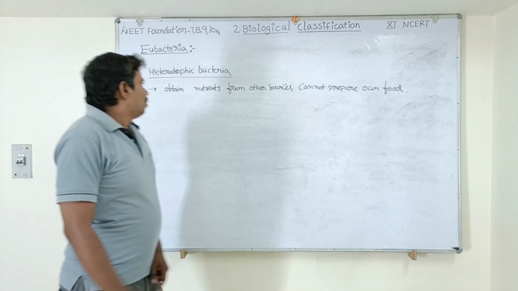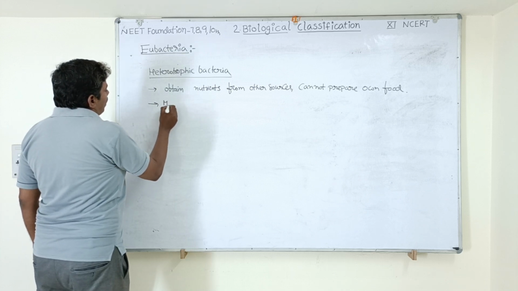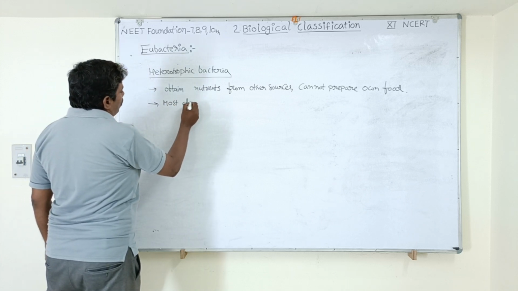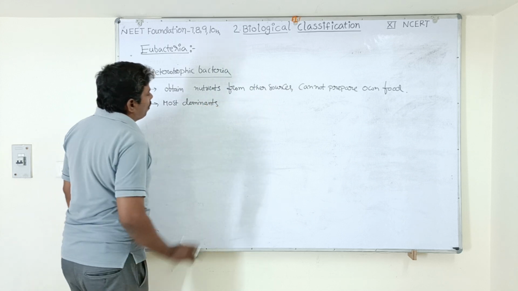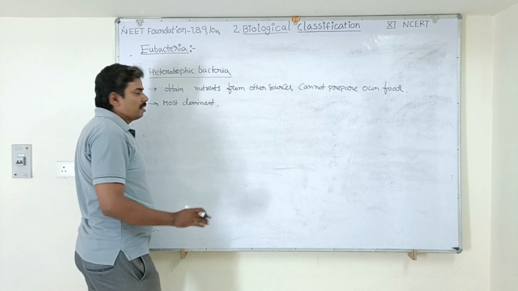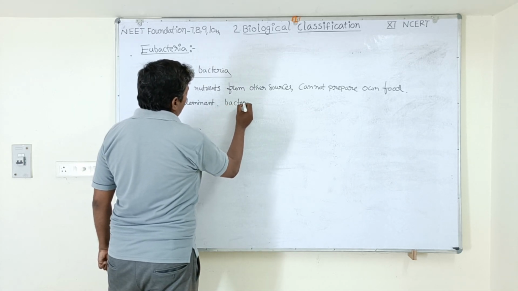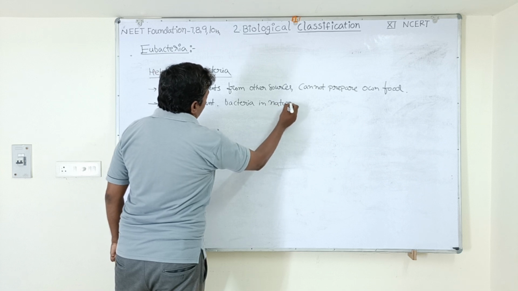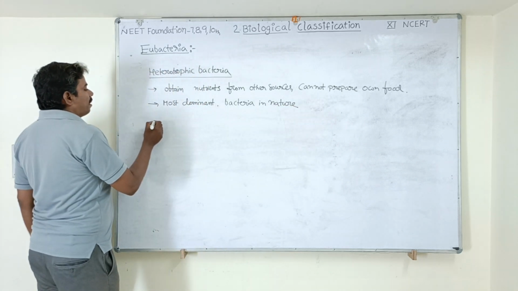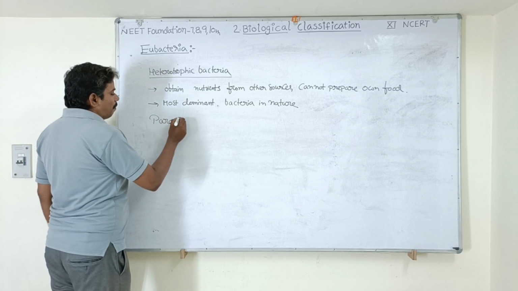These heterotrophic bacteria are the most dominant bacteria in nature. More types of heterotrophic bacteria are found in nature. Heterotrophic bacteria include parasitic bacteria.